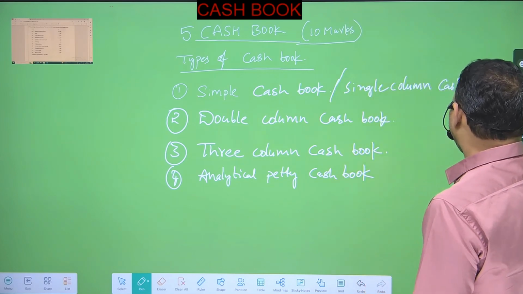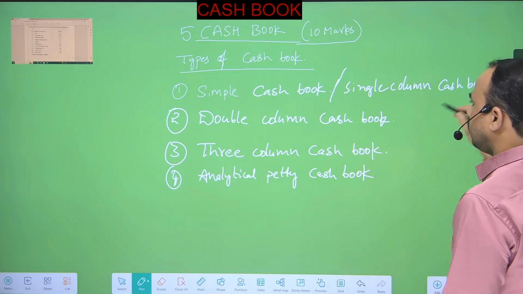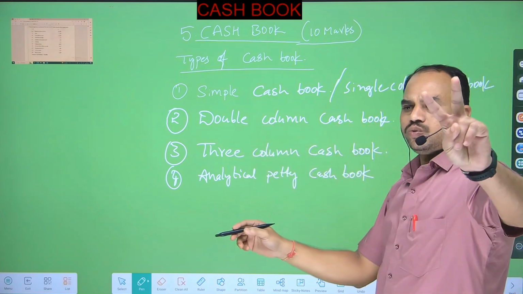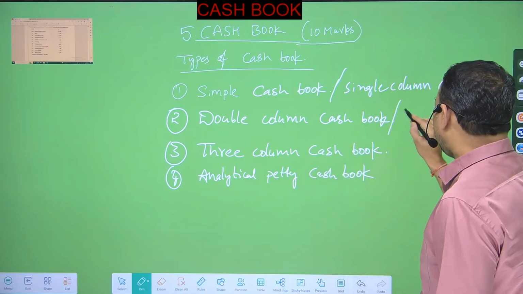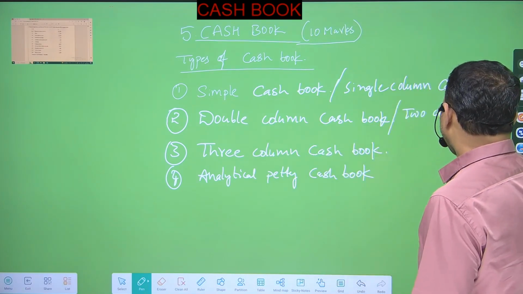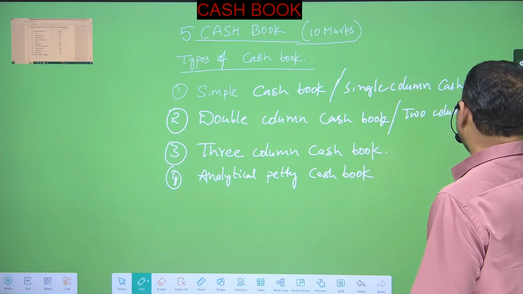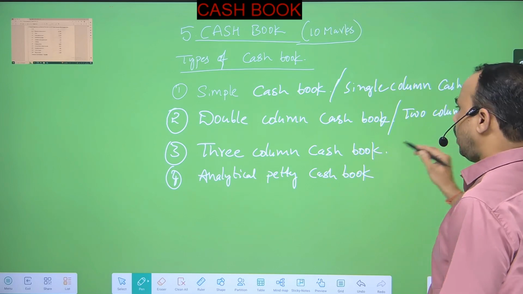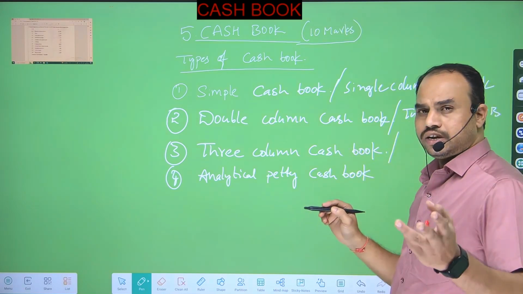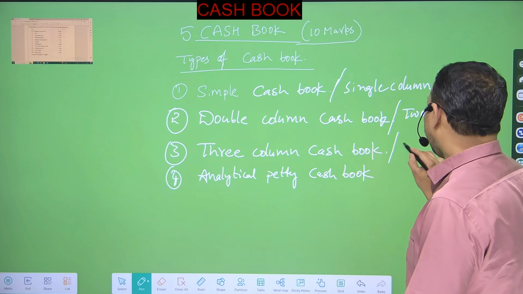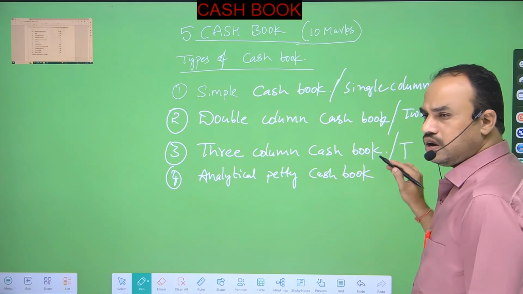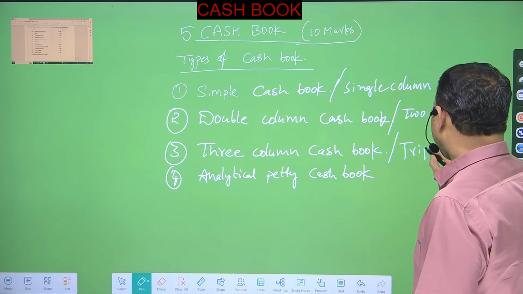Double means 2, so it is also called 2-column cash book. And 3-column cash book is also called triple column cash book.